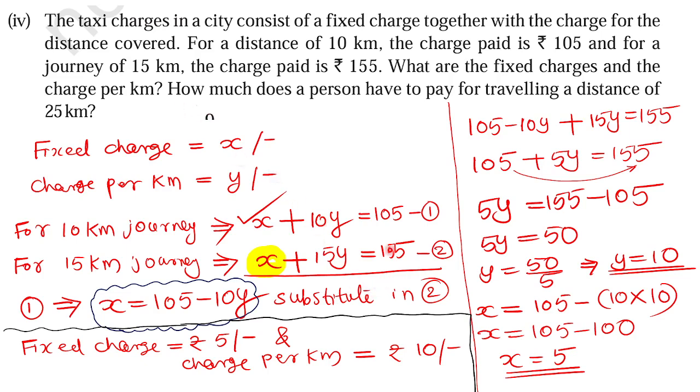So you please write down how much does a person have to pay for traveling a distance of 25 kilometer. I want to travel 25 kilometer by taxi. How much charge shall I pay? So the continuation of the question, for 25 kilometer journey, how much shall I pay? The taxi charge is equal to the fixed charge, which will always be there.